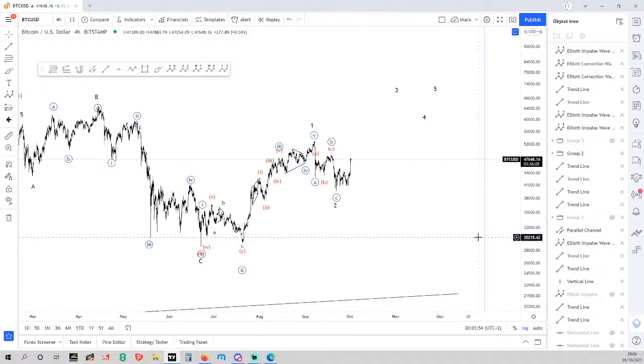For those who don't know me, I don't really care about fundamentals. I don't have an opinion on Bitcoin, or on whether it is going to change the future in terms of currency. All I care about is price and what price tells me.